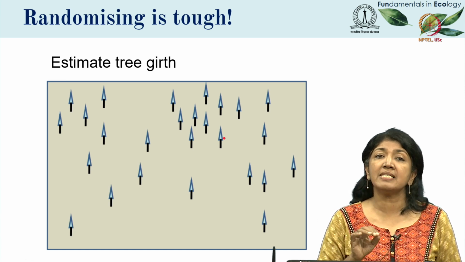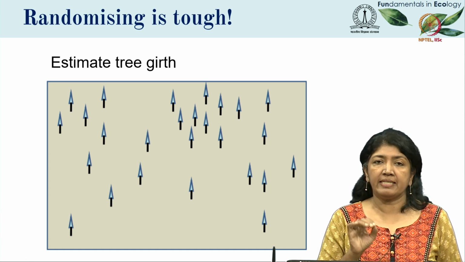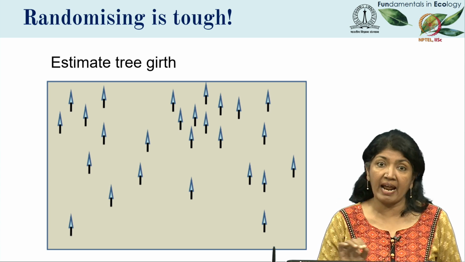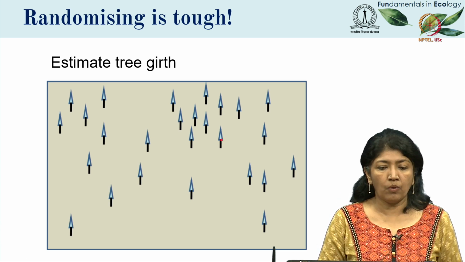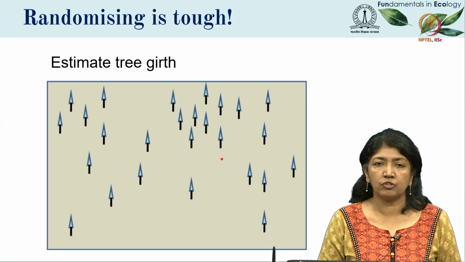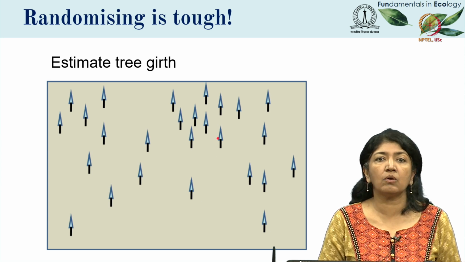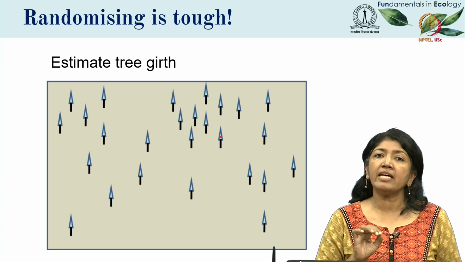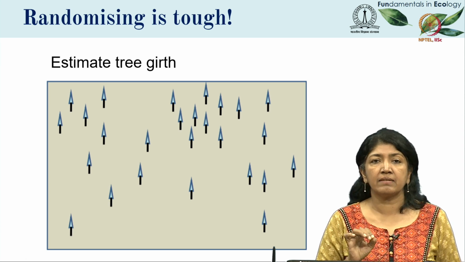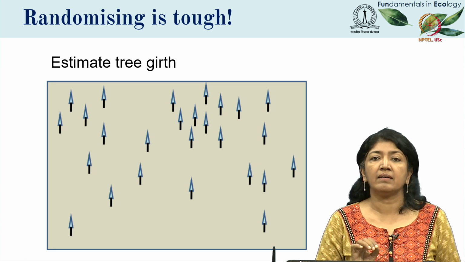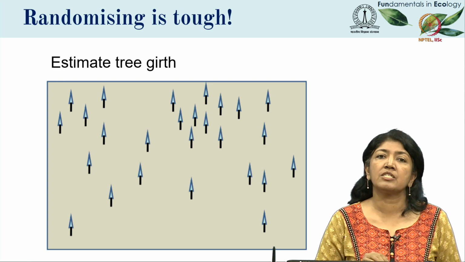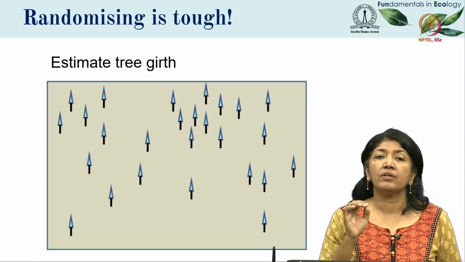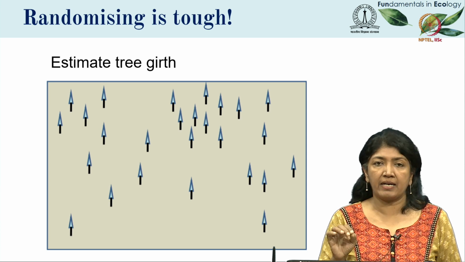So, I am choosing coordinates, latitudes and longitudes, at random, going to that spot chosen at random, finding the closest tree and measuring its girth. So, I would like you to spend a few seconds to think about whether this sampling strategy is going to allow me to choose trees at random.